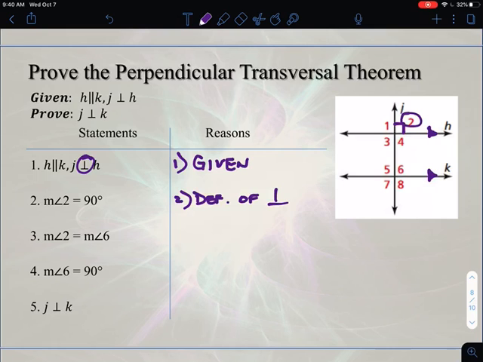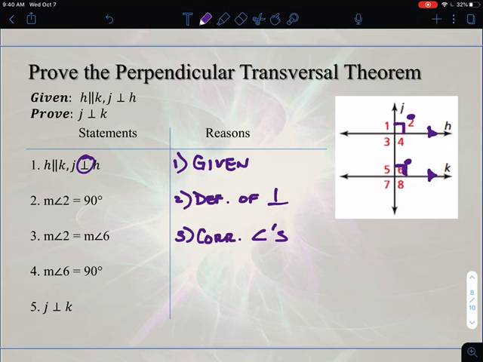So the next thing, they're telling me that angle 2 and angle 6 are congruent to one another. So they're saying that this angle 2 here is congruent to angle 6 here. Now the reason we know that, H and K being parallel, means that those are corresponding angles. And so they have to be congruent to one another.